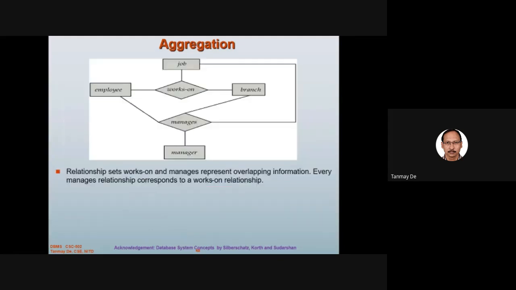With the concepts we have learned up to now, we can create a manager entity set and one relationship set. What is the name of that relationship set? Manages. This manages relationship, you can see here, associates how many entity sets? It associates the employee entity set, manager entity set, branch entity set, as well as the job entity set.